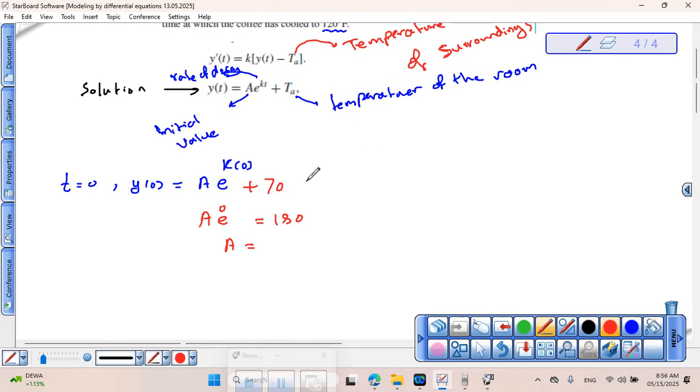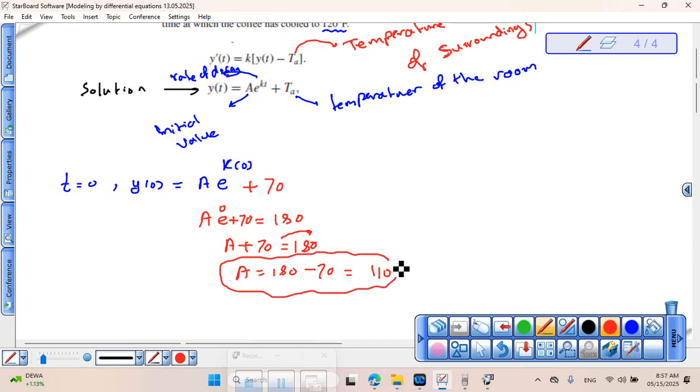So A plus 70 equals 180. Move to the other side: A equals 180 minus 70, which equals 110. This is the value of A.